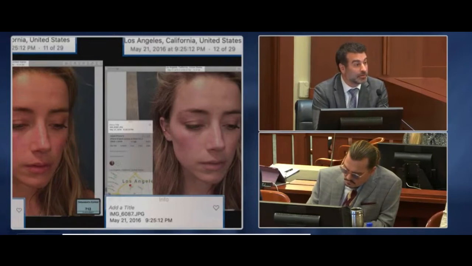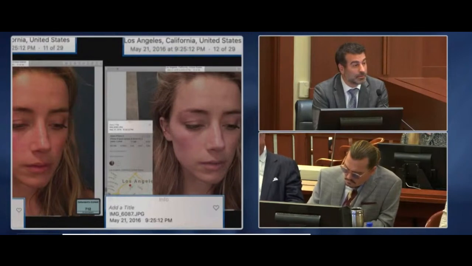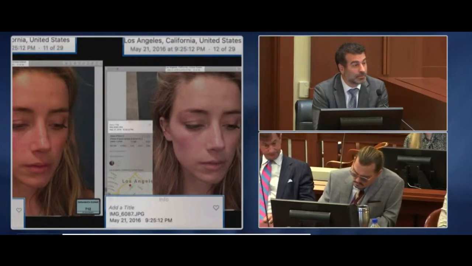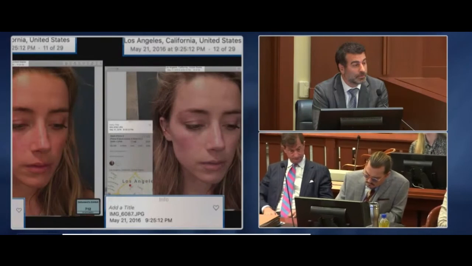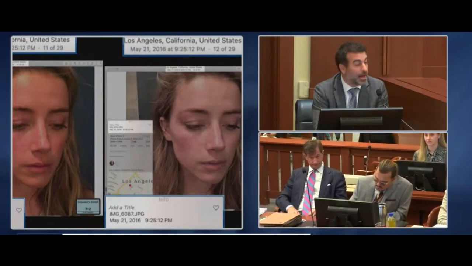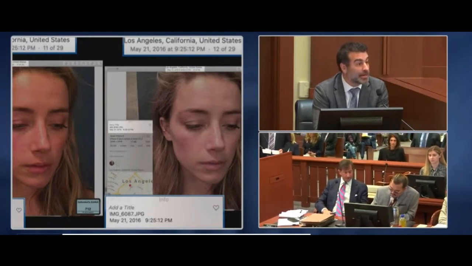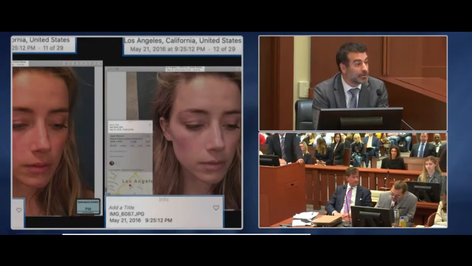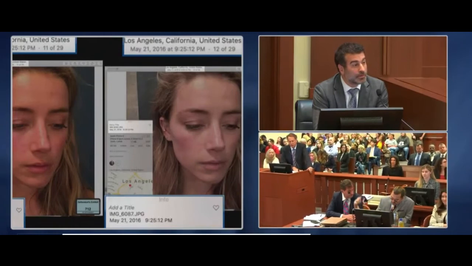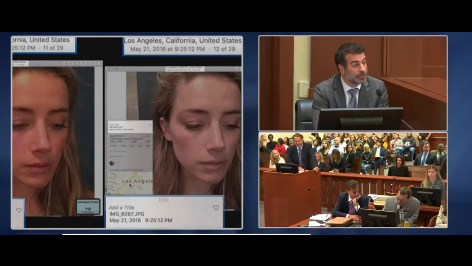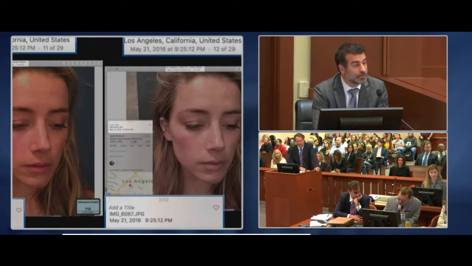But we have two photographs entered into evidence in this court that have the same identifying information, but in your view, look visually different, correct? I don't agree that they have the same identifying information. I don't see a software metadata field here. The identifying information includes the hour, minute, and second these pictures were taken. I see that.